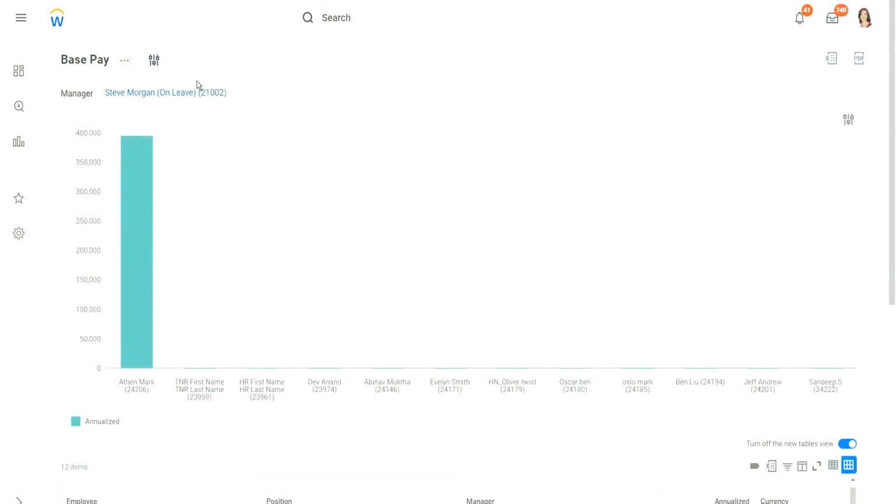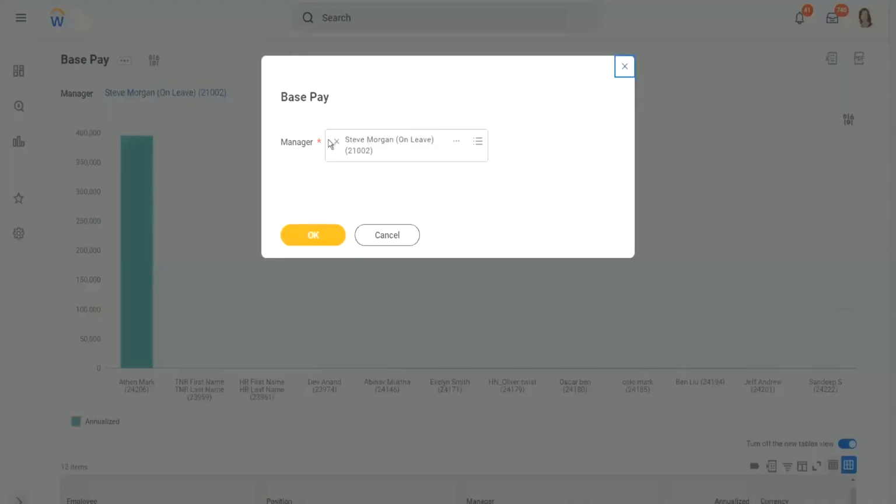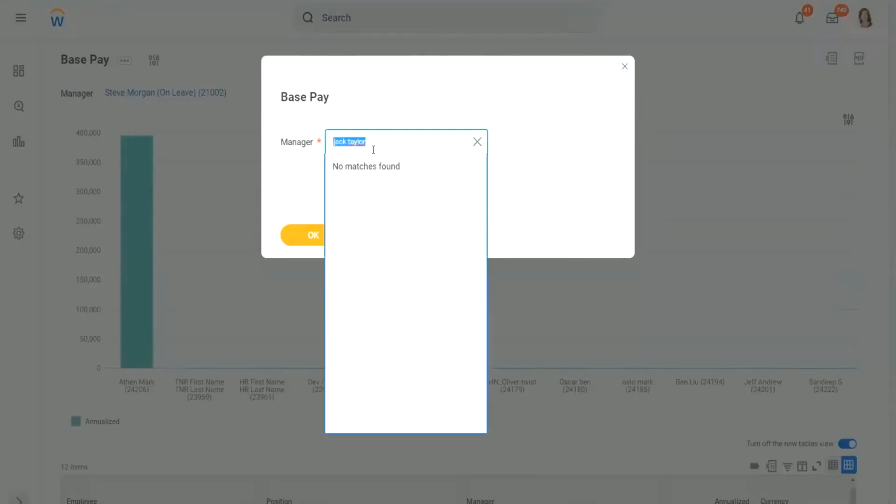So now, if I want to change the search criteria and do it for somebody else, let's say I want to search it for Jack Taylor. Let's see if I can find Jack. No, I cannot. Anthony Rizzo. No, so let's look for Logan.